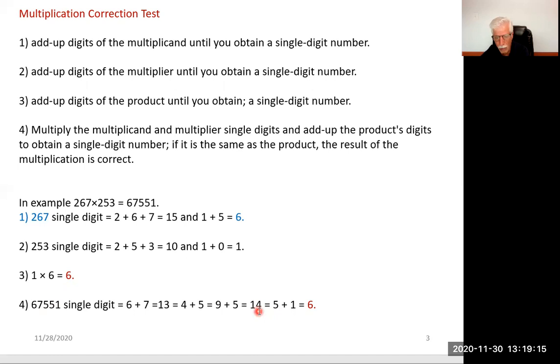Add 1 to 4 is 5. And add this 5 to this 1, that is 6. So we obtain the same single digit number for the product also. And because these two numbers are the same, we can say that our product is correct.